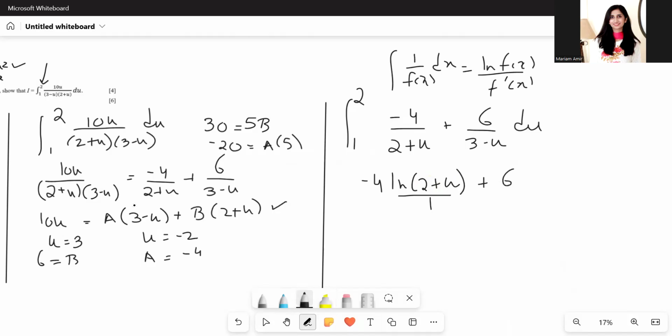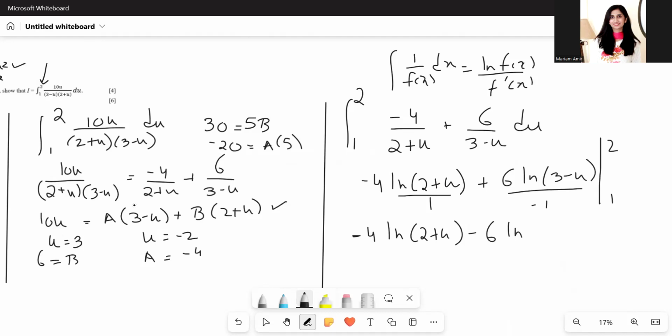For this one, it's going to be 6 ln(3 minus u) upon negative 1. And the limits are 2 and 1. Okay. So we get minus 4 ln(2 plus u) minus 6 ln(3 minus u), and the limits would be 2 and 1.